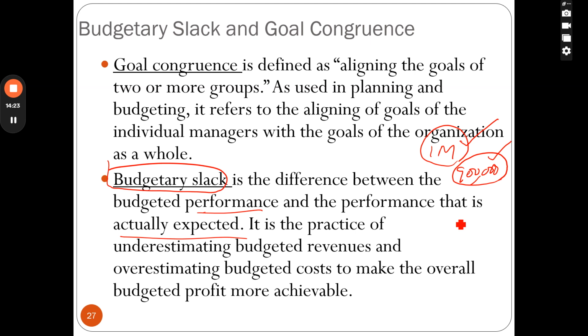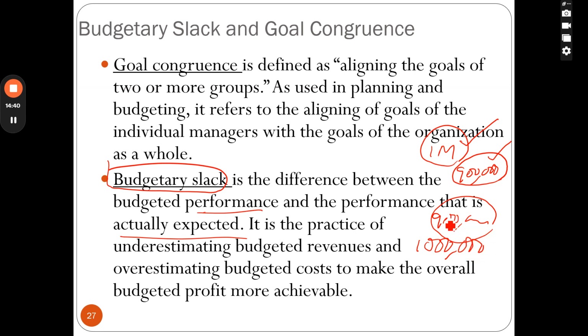Or maybe in the case of cost, an operations manager or a production manager knows that cost is going to be 900,000. But what he has done is include 1 million in the budget.